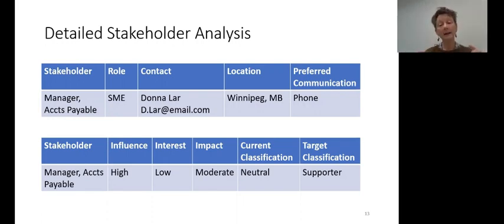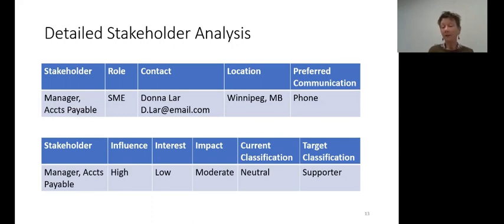And then I get into, okay, so what about them? This is the more detailed analysis piece where I've decided for this initiative I want to understand their level of influence, their level of interest, and from my perspective, how I'm going to impact them. Based on that rating, I'm going to classify them where they are right now, a current state, and then where I need them to be.